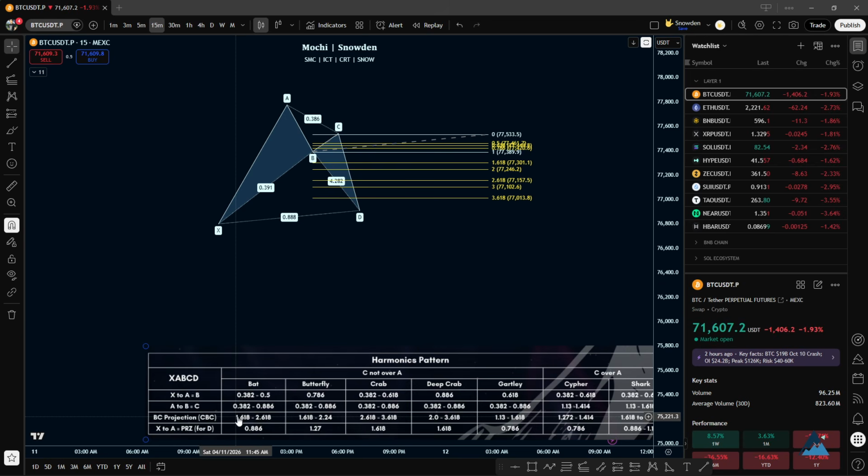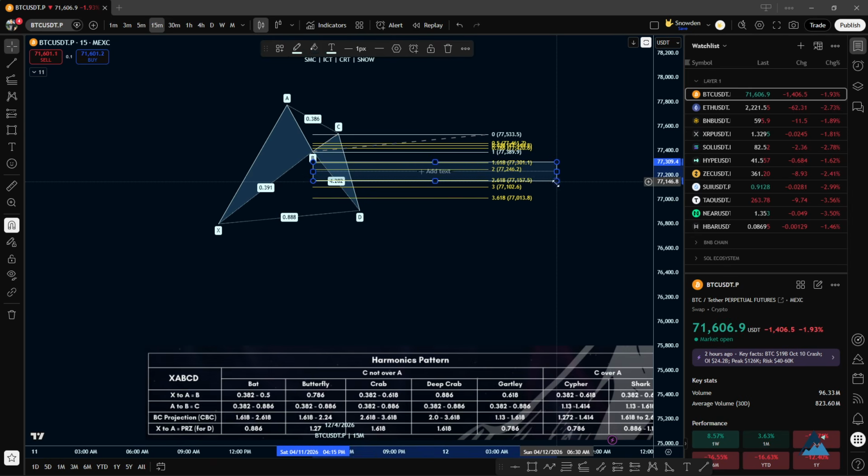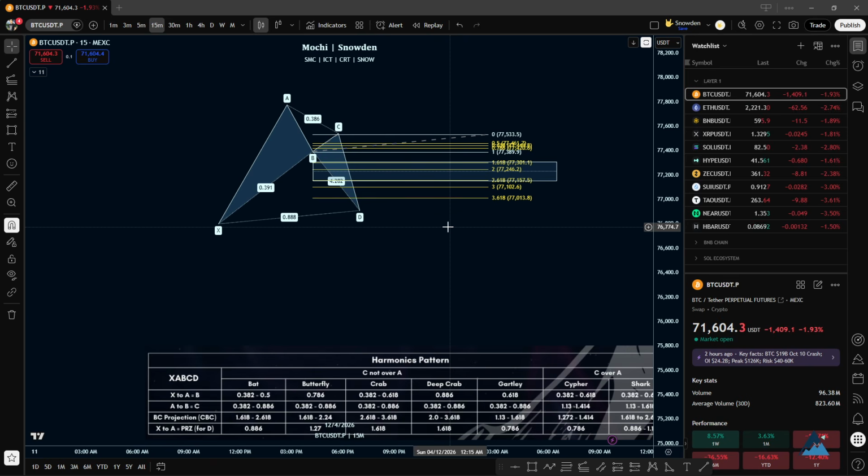Dapat daw, nasa area ng 1.618 to 2.618 yung reversal zone ni BAT, which is around here. Kaso, wala naman yung reversal zone ko, nandito sa baba. It means that this harmonics could be a less probability harmonics. Okay? This is a lower probability harmonics. Kasi dapat magtugma yung BC projection nyo na dapat dito daw magre-reverse si harmonics.